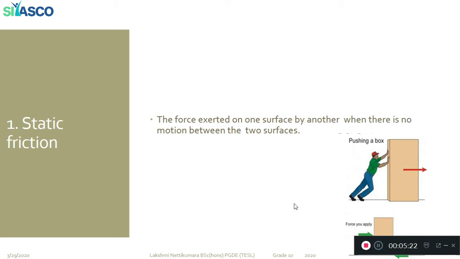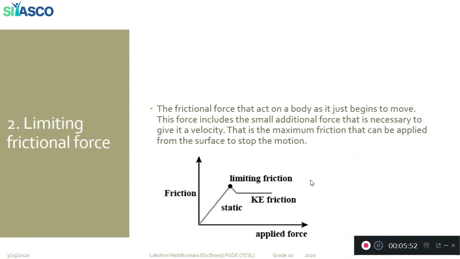Therefore, we can say the force exerted on one surface by another when there is no motion between the two surfaces is static friction. Here you can understand this person is pushing the box, so there must be another force created from the surface opposite to the motion. That is called static friction.